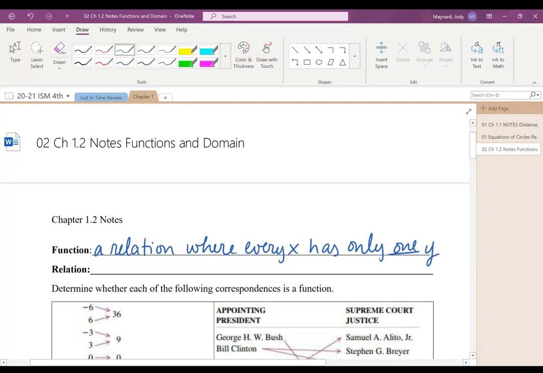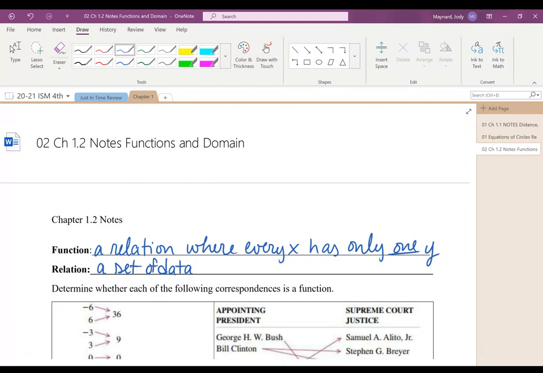Okay, only one y value. A relation is just a set of data. In our case, we're normally talking about ordered pairs, x comma y, a set of ordered pairs together.